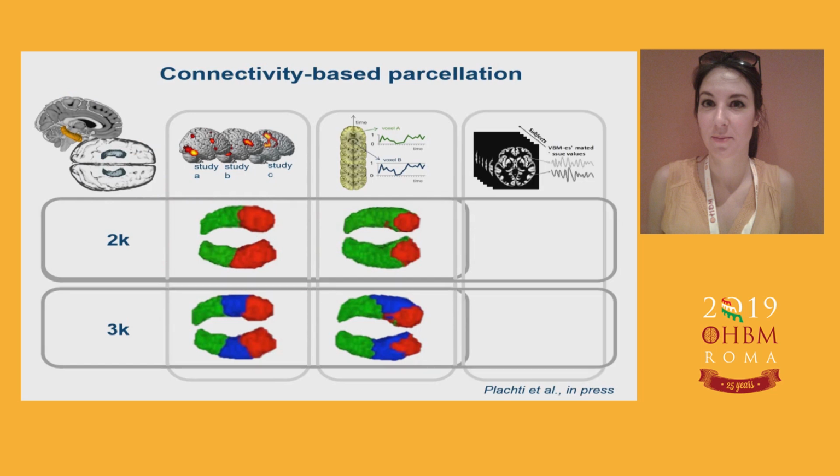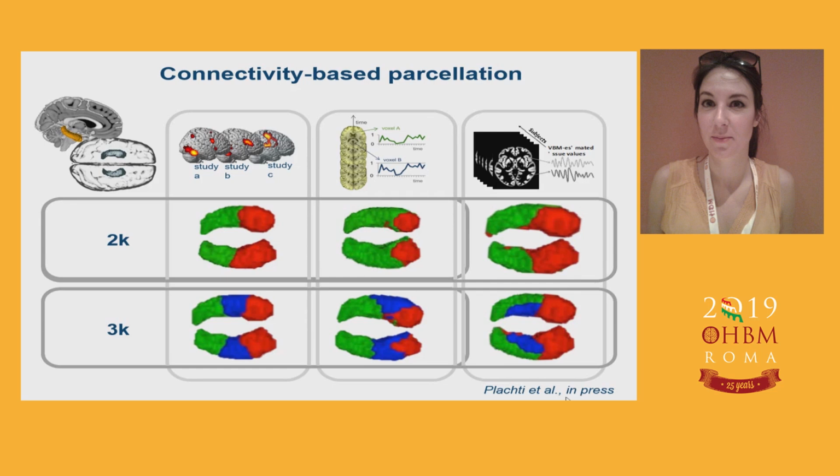And interestingly, if we use another parcellation modality, now based on coplasticity, so how gray matter volume varies between brain regions across a group of subjects, and use this information to look at the organization of the hippocampus with a clustering algorithm, the first thing we see is that the clustering differentiates between anterior and posterior regions, so along the longitudinal axis.